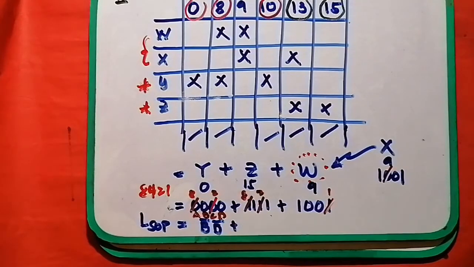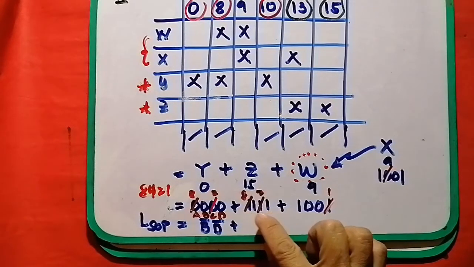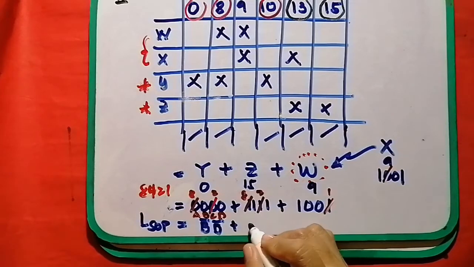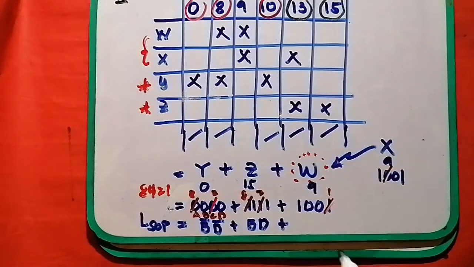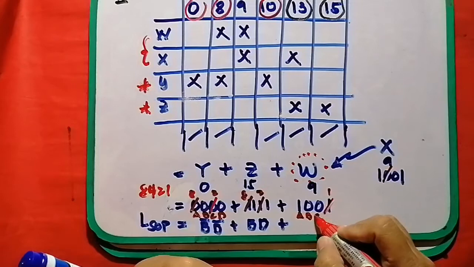Whereas in here, if this is A, B, C, D, all are ones. So therefore, this is A, B. So that would be B, C, D. So that would be D. Plus, this is A. Okay. So let me write it. So this would be A, B, C. Okay.